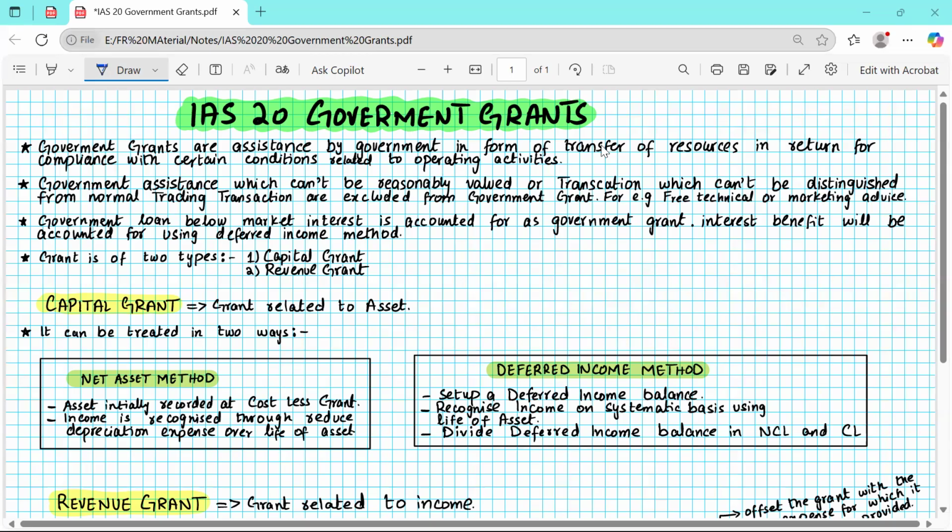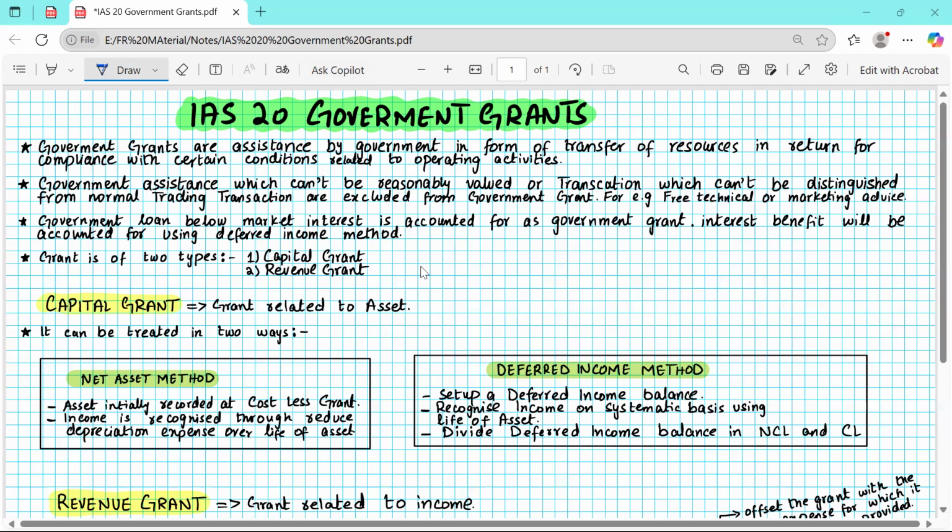Now, if you cannot value that assistance, like you cannot distinguish that transaction, for example you don't know how much that assistance is worth, then you will not consider it as a government grant.